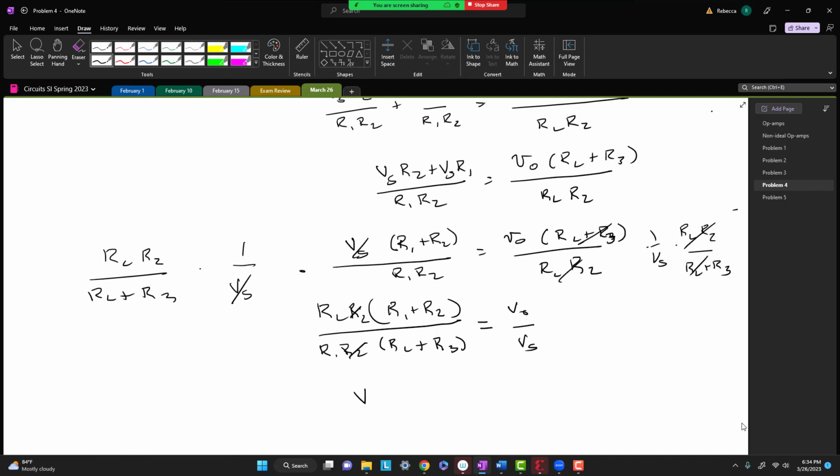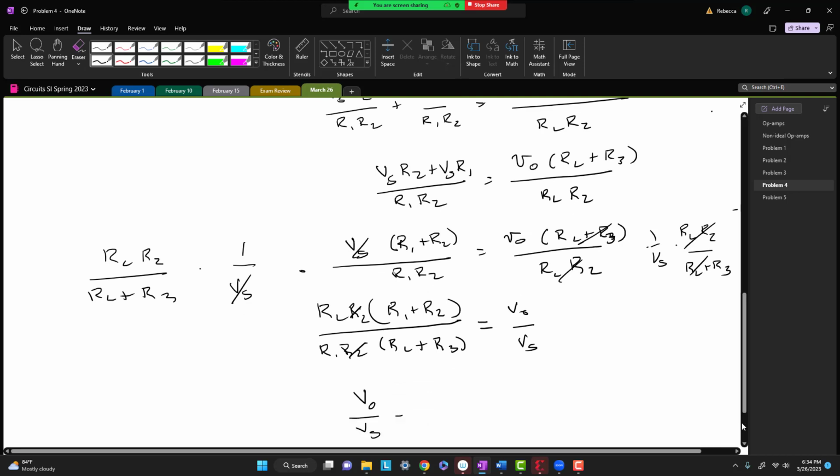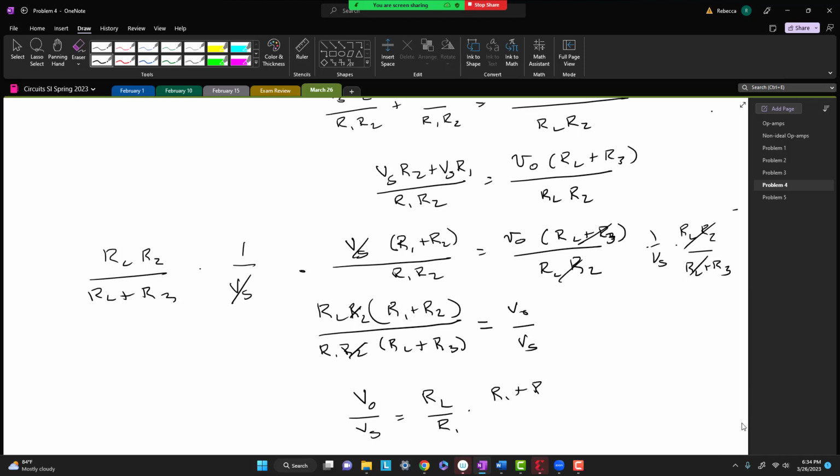And so for my answer, VO over VS equals RL over R1 times R1 plus R2 over RL plus R3. Let's see if that matches the answer I got here. It should be R2 plus R3. And yeah, I just copied that wrong. RL plus R3, R1 plus R2, RL plus... Yep, that looks good. All right.